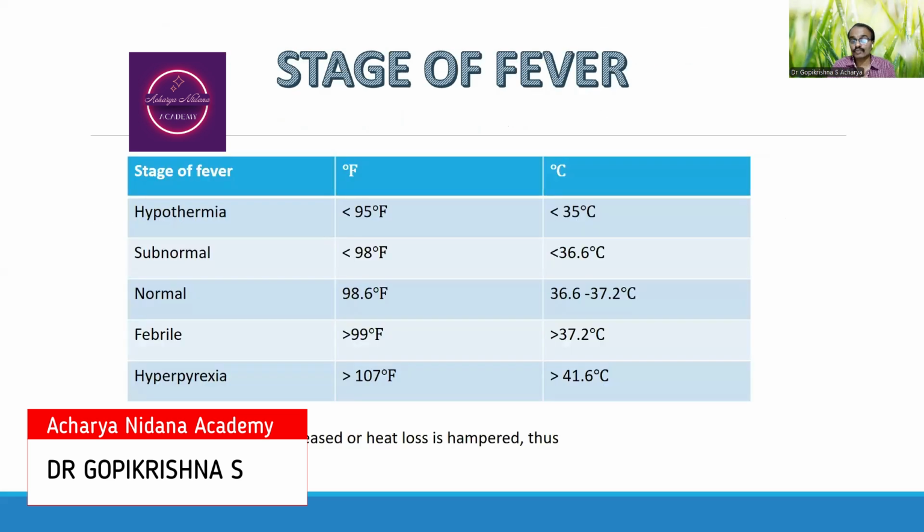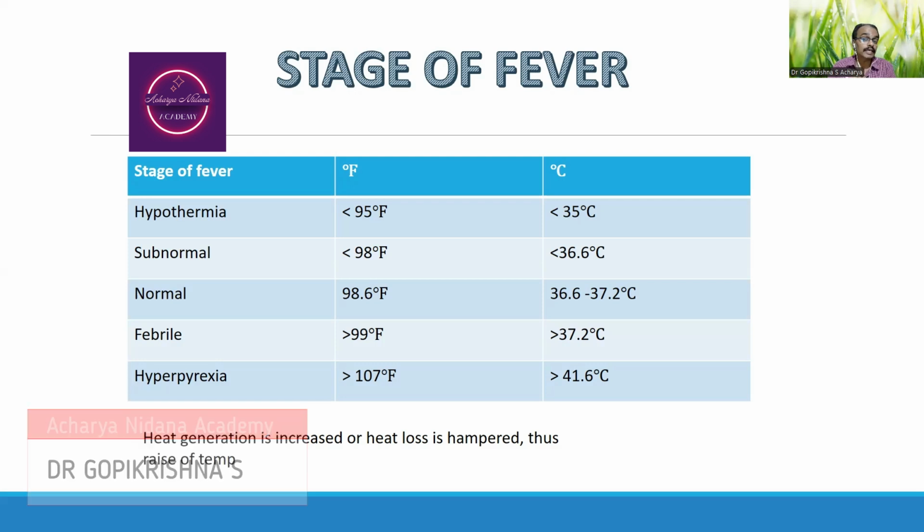As far as the temperature variations are concerned, hypothermia is a temperature less than 95 degrees Fahrenheit or otherwise less than 35 degrees Celsius. Subnormal temperature is less than 98 degrees Fahrenheit or less than 36.6 degrees Celsius.